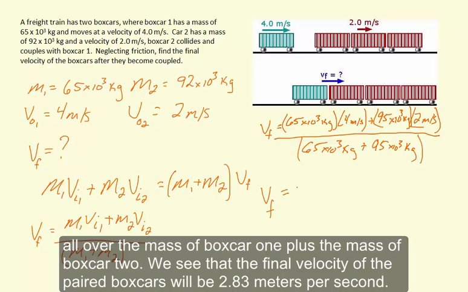We see that the final velocity of the paired boxcars will be 2.83 meters per second.